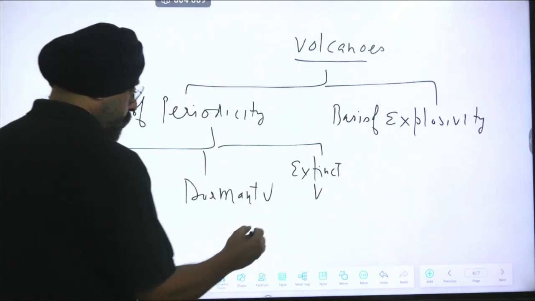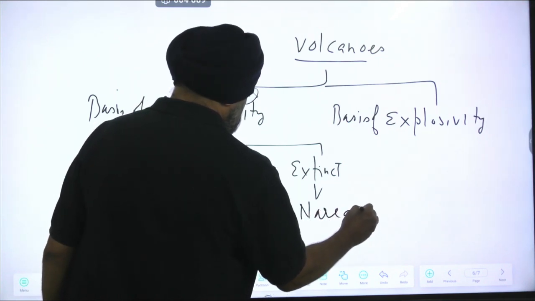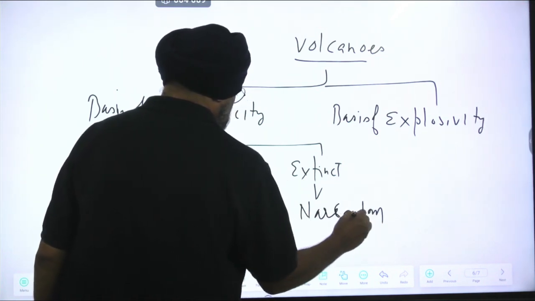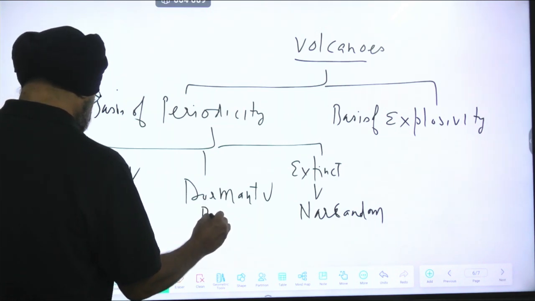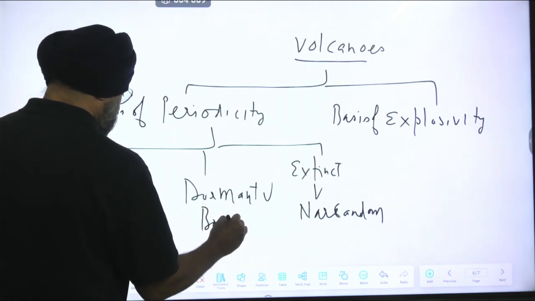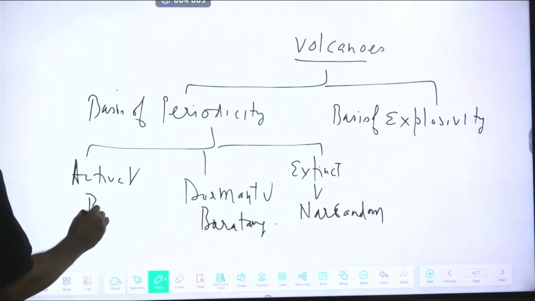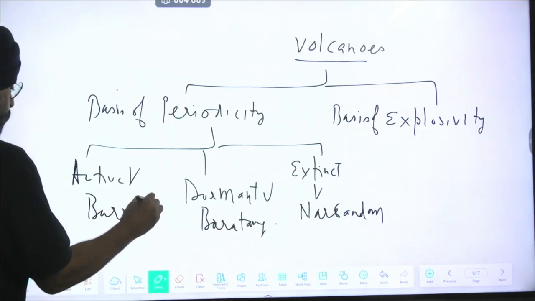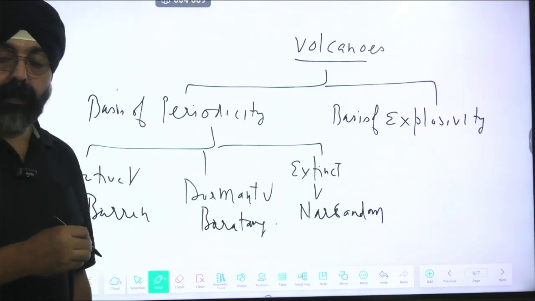For example, we are having Narcondam, Andaman Nicobar. We are having Baratang Island, and we are having Barren Island, the active one. All are part of the Andaman Nicobar group.